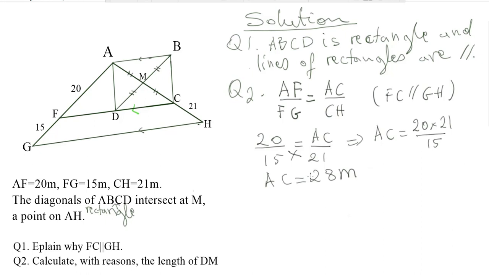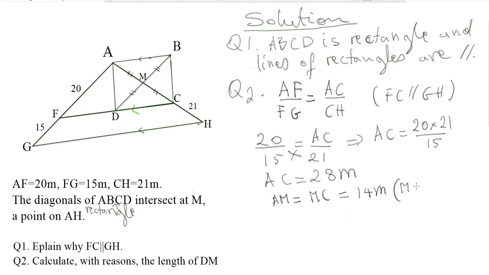So we'll say AM is equal to MC, which is equal to, because the distance AC is 28 and M is a midpoint, so this side and this side are equal, 14 meters. What is the reason?